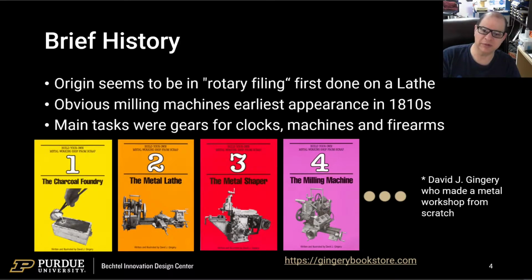Our most obvious milling machines began appearing in the 1810s, producing things like gears for clocks and gears for other machines and firearms and armories. But fundamentally, the milling machine is quite a complex machine which excels at flexibility and repeatability, and it is a very powerful and nice to have machine in any shop or manufacturing process.